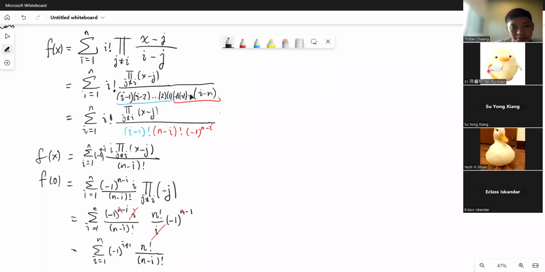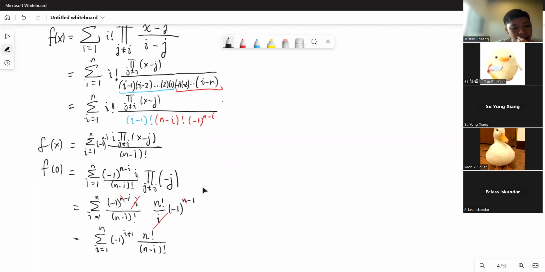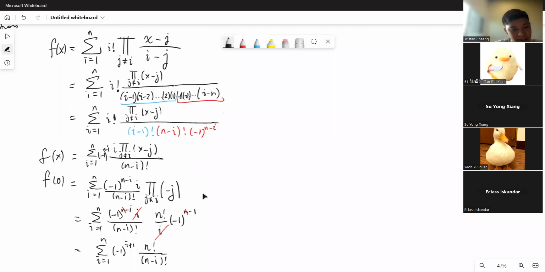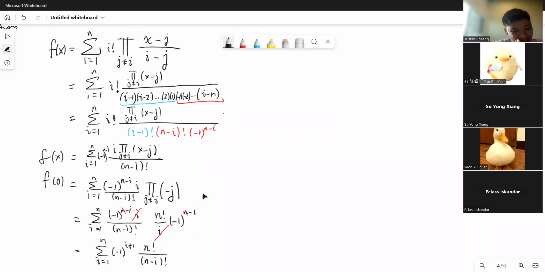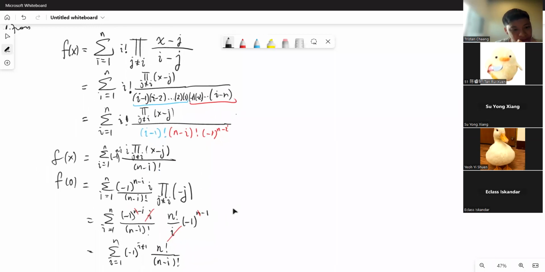For example, this bottom bit here, try to write it as factorials. Keep trying to write it as factorials, and hope for cancellation. And yes, it does cancel into something like this. That's F naught. Is it possible that this can be solved? It should be.